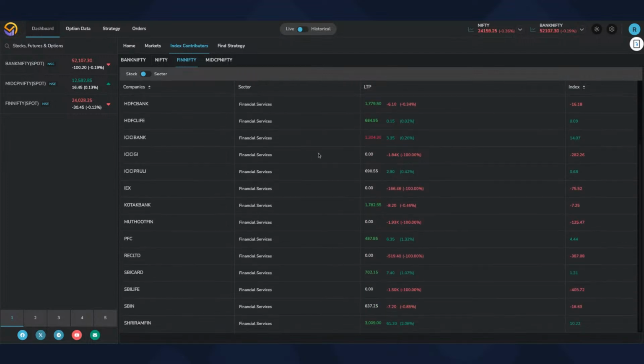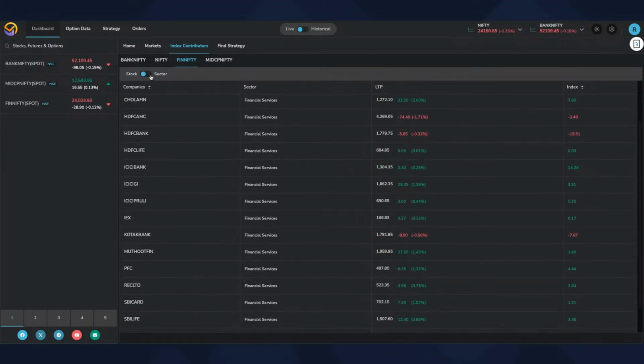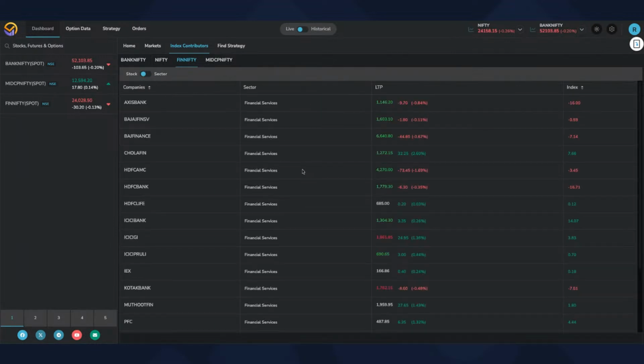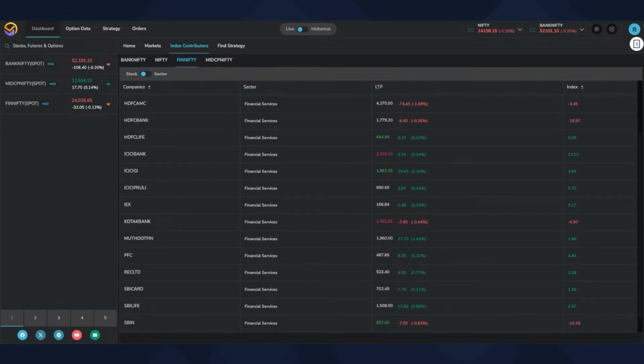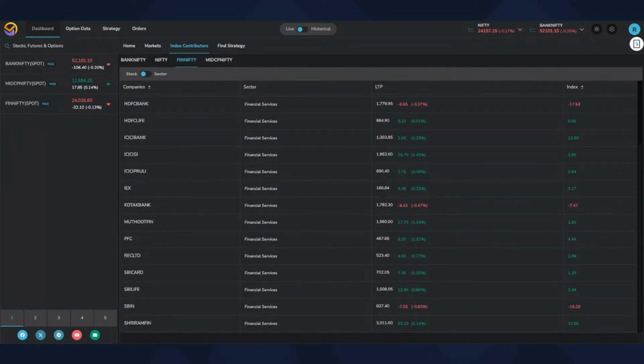All right, so we got 12 advances and then 7 declines, I think, which is okay. It seems some bit of bullishness, but then we do not know what is up, what is down, right?